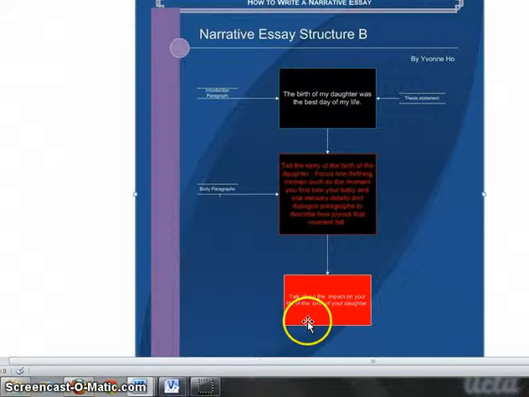Now, many of you are probably thinking, wow, structure B is way more interesting to write than structure A. And that's true. This is because structure B allows you a lot more leeway. It's almost creative writing, because when you describe that magical moment when you first saw your child, you can use many creative elements, such as dialogue, such as interior monologue, which is what were you thinking?